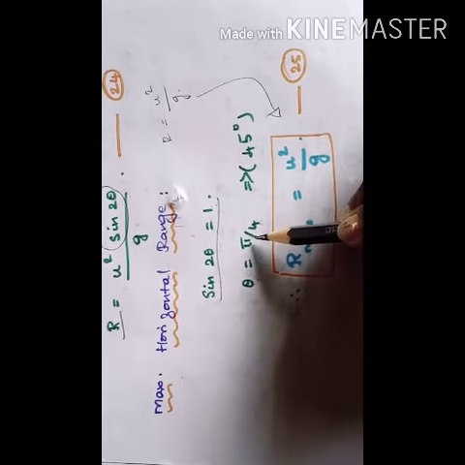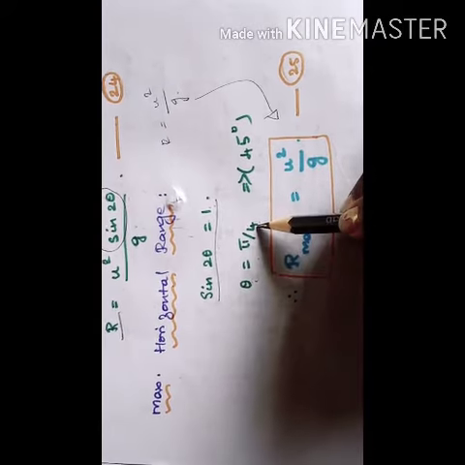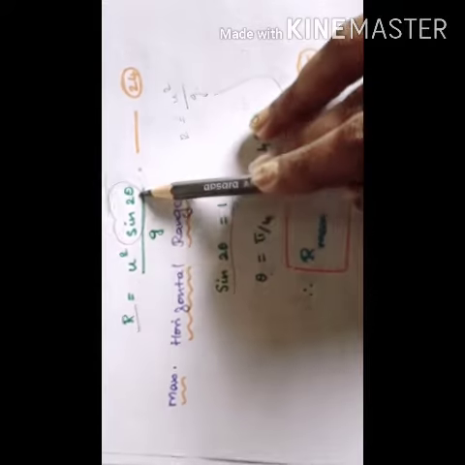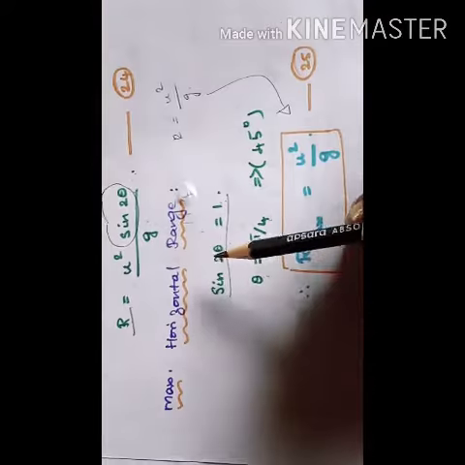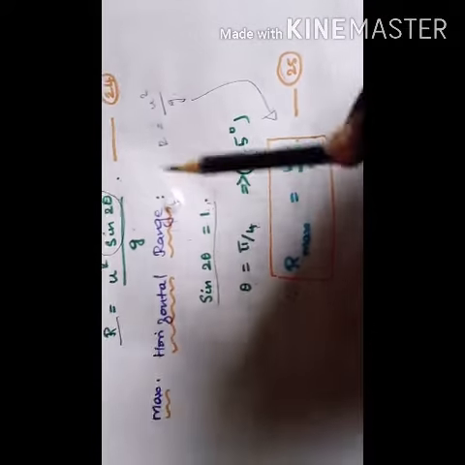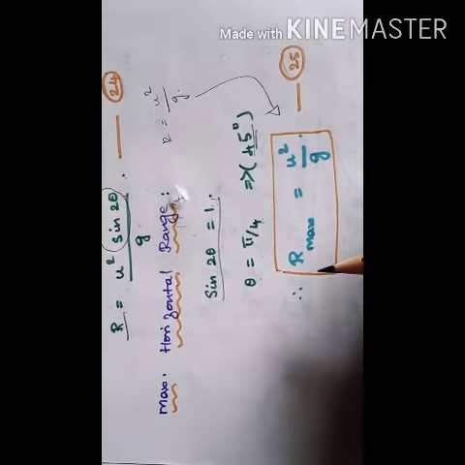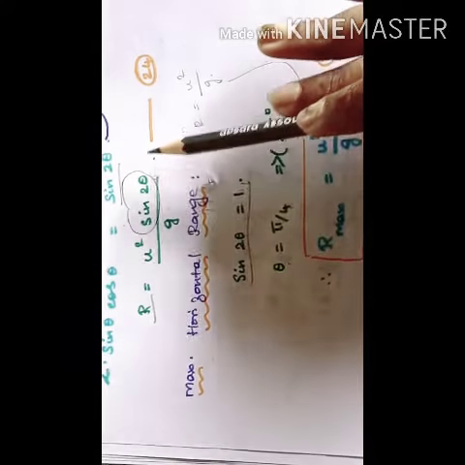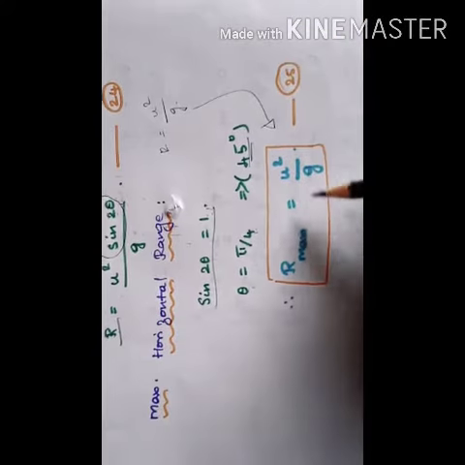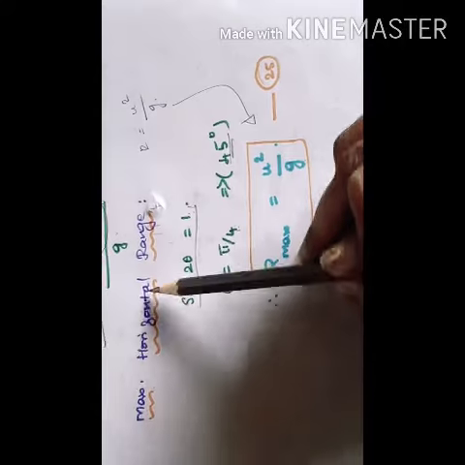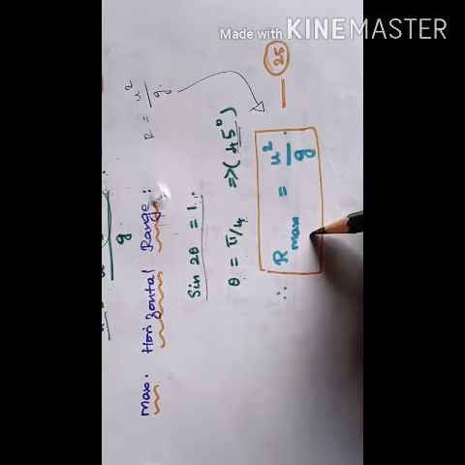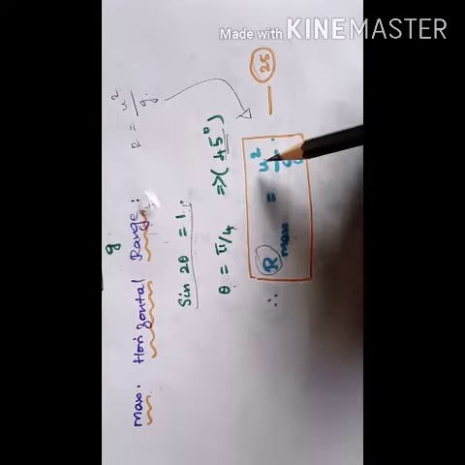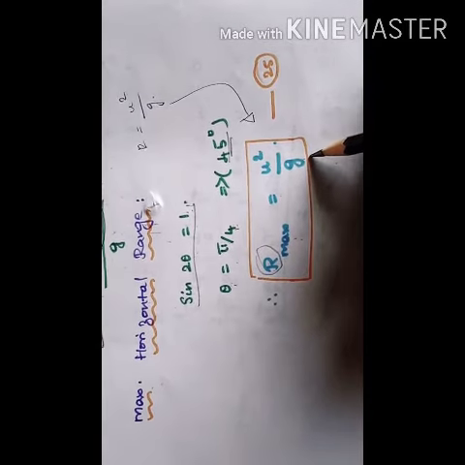Sin 2 theta is equal to 1 at 45 degrees, so 2 into 45 gives 1. So r is equal to u squared by g. That maximum horizontal range is represented by the variable r max, which is equal to u squared by g.